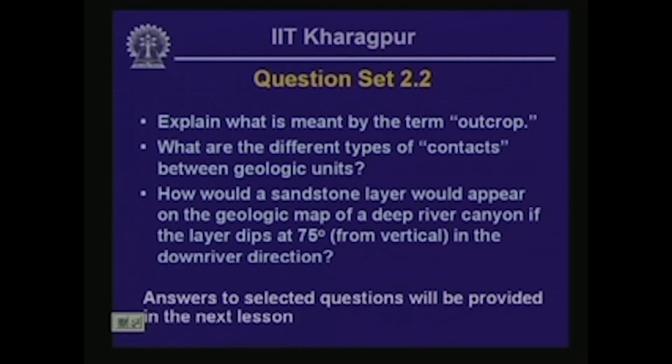Then, what are the different types of contacts between geologic units? And thirdly, how would a sandstone layer appear on a geologic map within a deep river canyon, where the layer dips at a 75-degree angle from the vertical in the downriver direction?